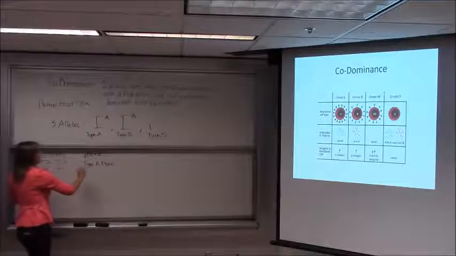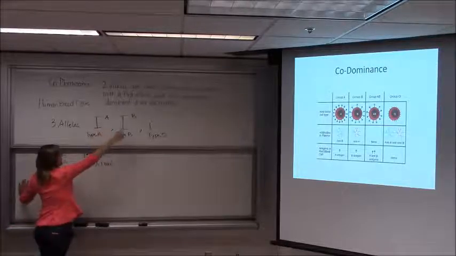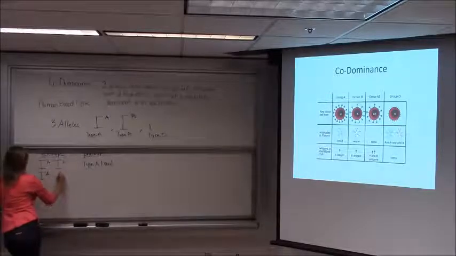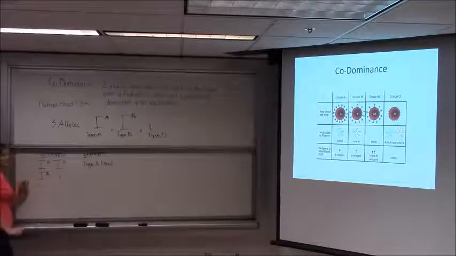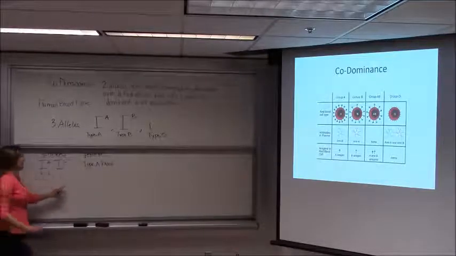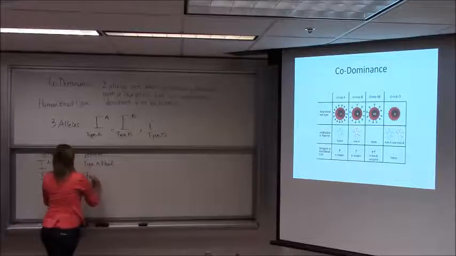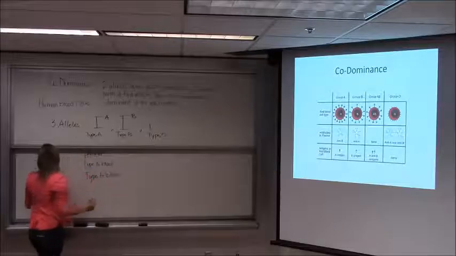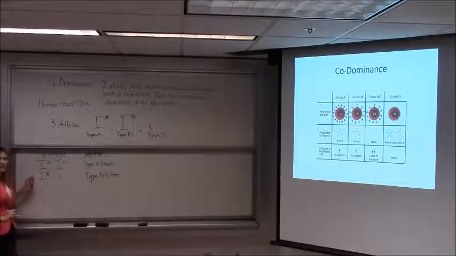Maybe you got an A and an O. An A from one parent and an O from the other. Type A allele is completely dominant over type O allele. So in this case, you would be heterozygous, but you would have type A blood. We would say this person is heterozygous for the type A allele.